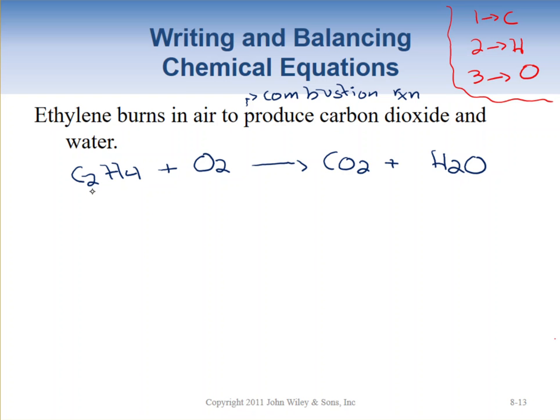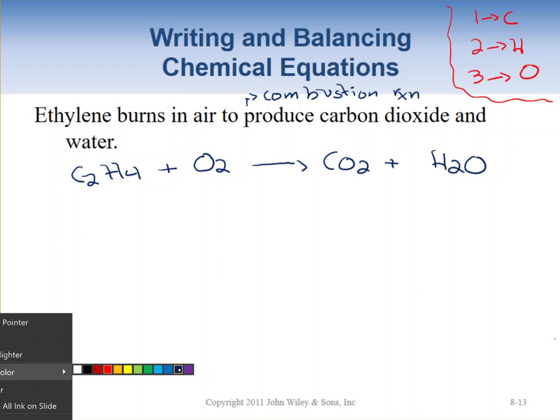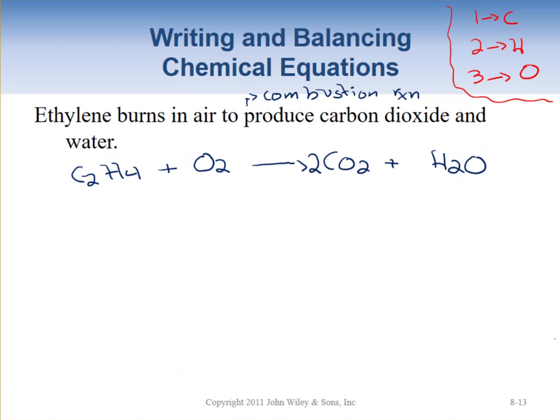So you have 2 carbon on the reactant side, so you're going to need 2 carbon on the product side. Now to balance hydrogens, you have 4 hydrogen on the reactant, so we need 2 water molecules to balance the number of hydrogens.